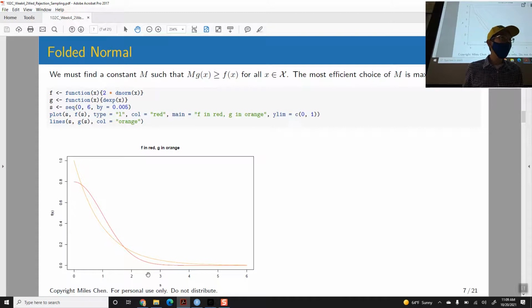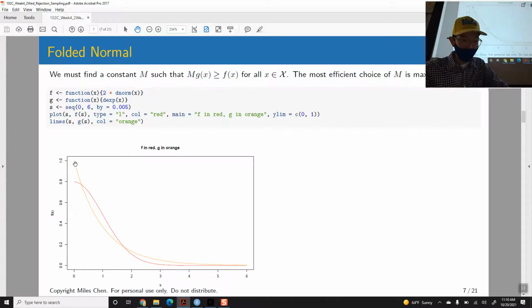The fact that you have the same area means that if there's a region where the red line is above the orange line, then there has to be a region where the orange line is above the red line. Otherwise, you're going to have different areas. If both are constrained to have the same area of 1, and one function is taller than the other in one spot, then there has to be another spot where it's shorter.